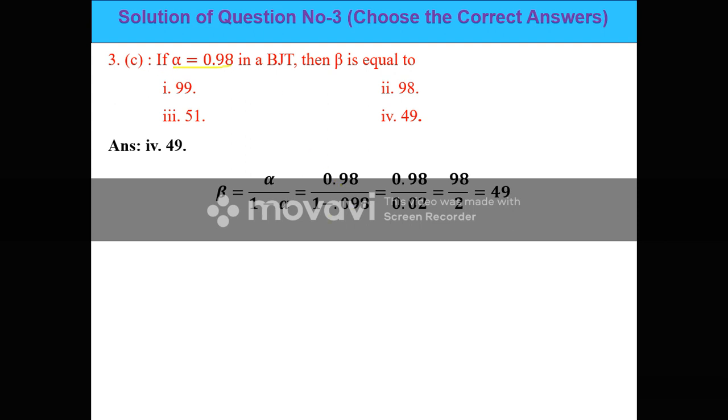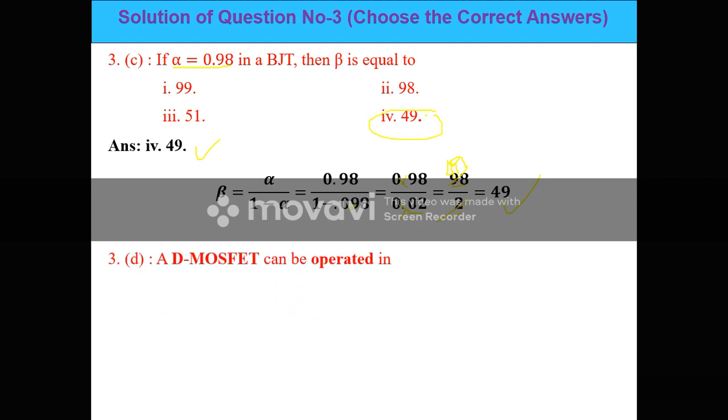So 1 minus 0.98, the below part will be 0.02. On the upper side it is the same, 0.98. So the decimal points will cancel. Here on the upper side it is 98, here it is 2. So 98 by 2, that is 49. So the answer will be 49.